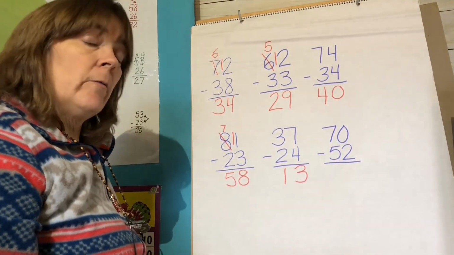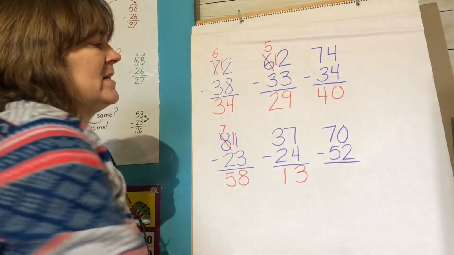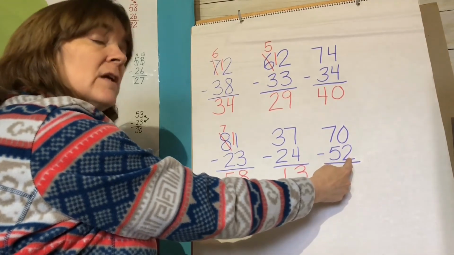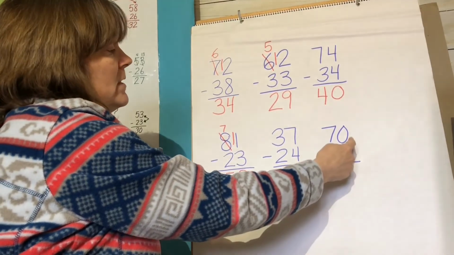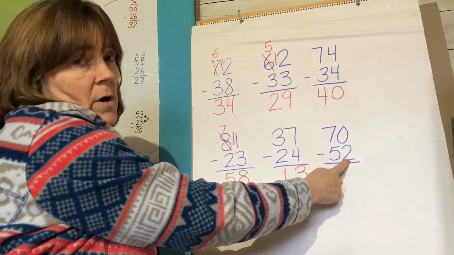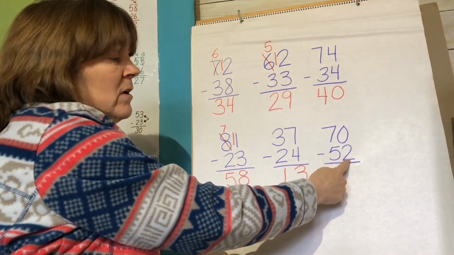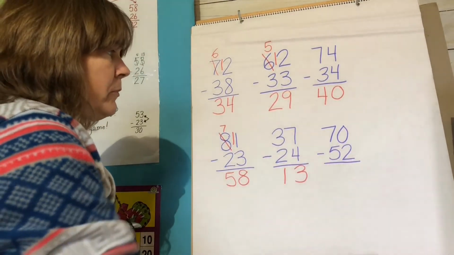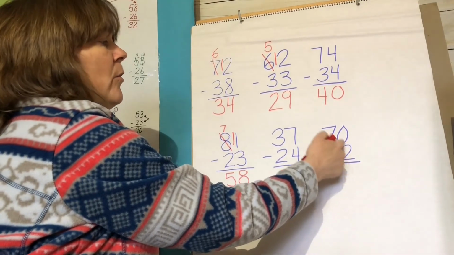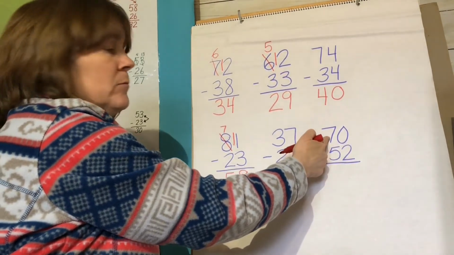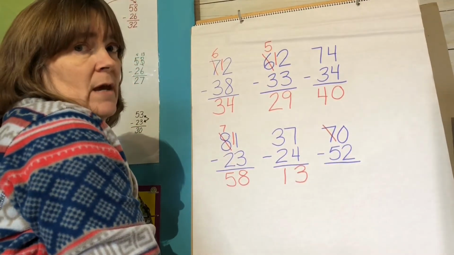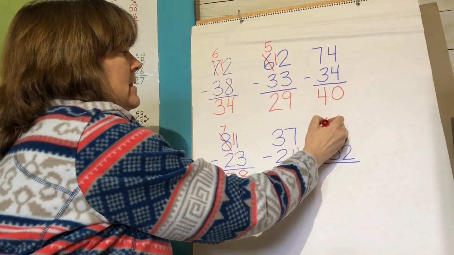And now that we know about regrouping, we know when we see a problem that's multi-digits, we have to start on the right and we have to compare the numbers, and we see that there's more on the floor. And when there's more on the floor, we need to go next door. So let's do that. More on the floor, go next door and get 10 more. We cross out the 7. When you take 1 away from the 7, it becomes a 6.